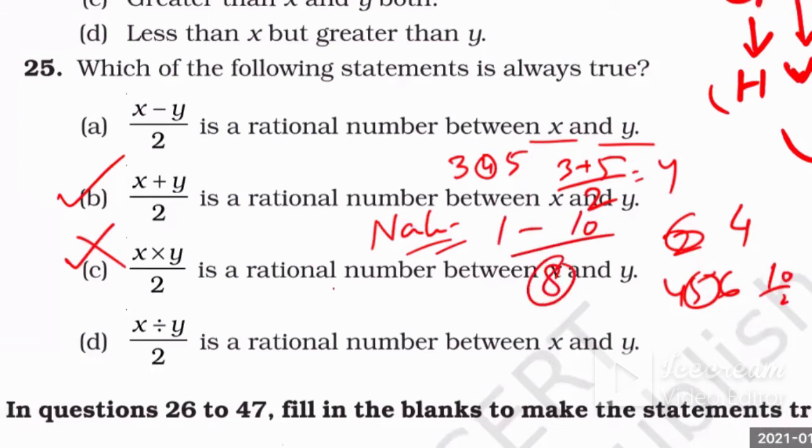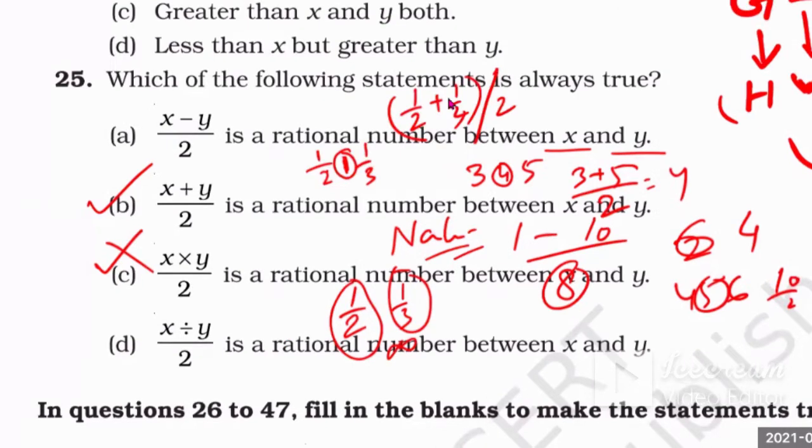But if I ask how many rational numbers are there in between 1 by 2 and 1 by 3? So, how many numbers? Anyone? Just now you have answered. Finite. Who will tell me a number in between 1 by 2 and 1 by 3?